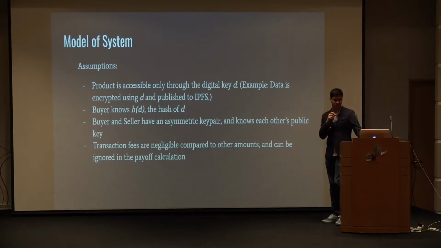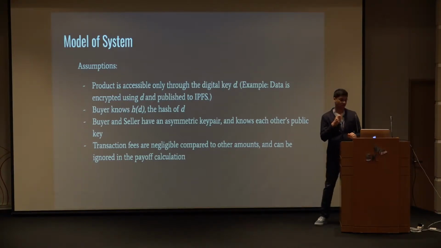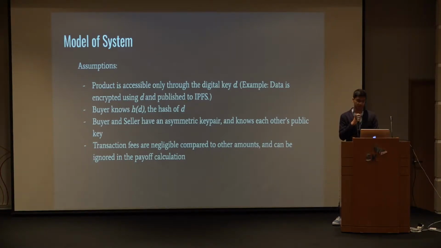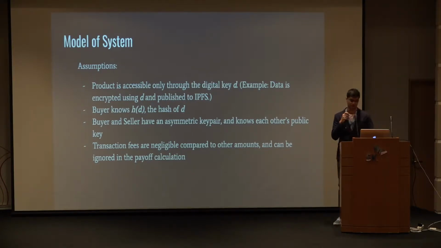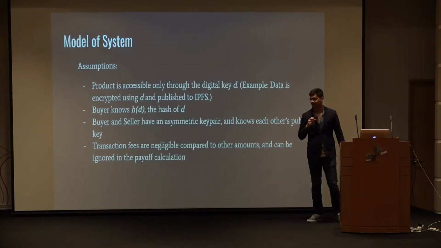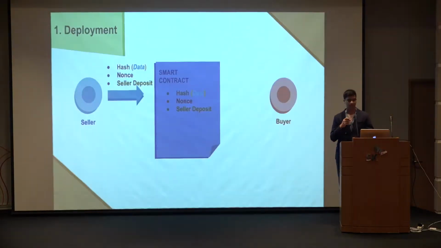Another major assumption is that the buyer knows the hash of the data, which is denoted by H(D). Buyer and seller have an asymmetric key pair, and their public keys are known, which are their addresses on the blockchain. And we don't consider transaction fees when we are doing our game theoretic analysis. Let's assume just that they are negligible compared to other amounts.